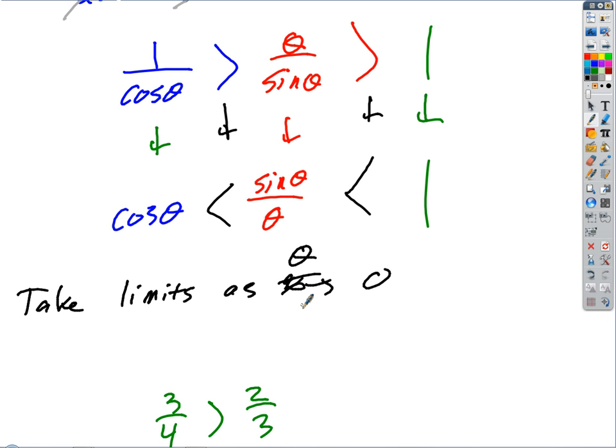As theta approaches 0, what does cosine approach? What's cosine of 0? 1, right? So the limit of cosine theta as theta approaches 0 is 1. What's the limit of 1 as theta approaches 0?